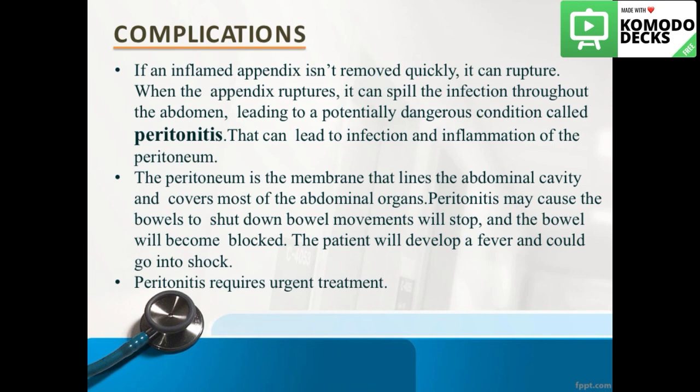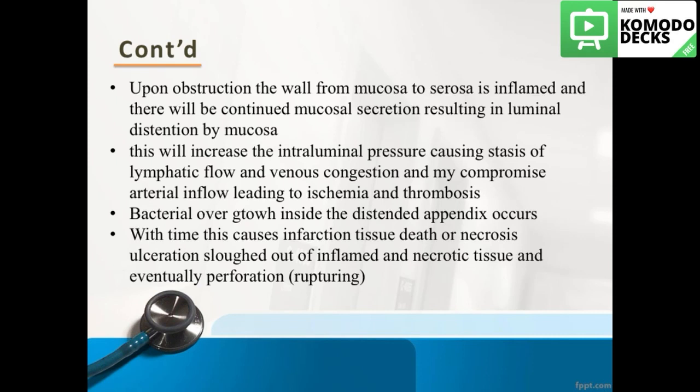Peritonitis requires urgent treatment. So with obstruction, the wall from mucosa to serosa is inflamed and there will be continued mucosal secretion, resulting in luminal distension. This will increase the intraluminal pressure, causing stasis of lymphatic flow and venous congestion, and may compromise arterial inflow, leading to ischemia and thrombosis.